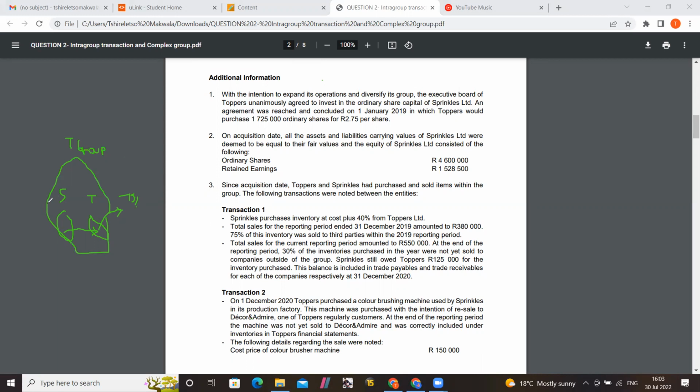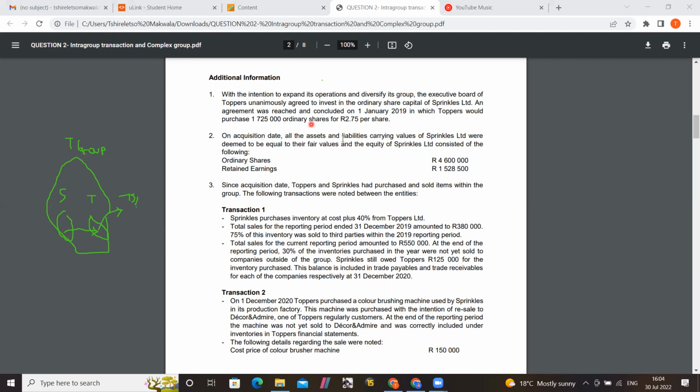That means that you have to take out the balance and the unrealized profit, right? If it was just a sale between them, and Topper sold 100% of the stock, you're just going to have the pro forma journal entry eliminating the balance. Like I said, for inventory, there are two sets of pro forma journal entries, one that eliminates the balance and one for unrealized profit.